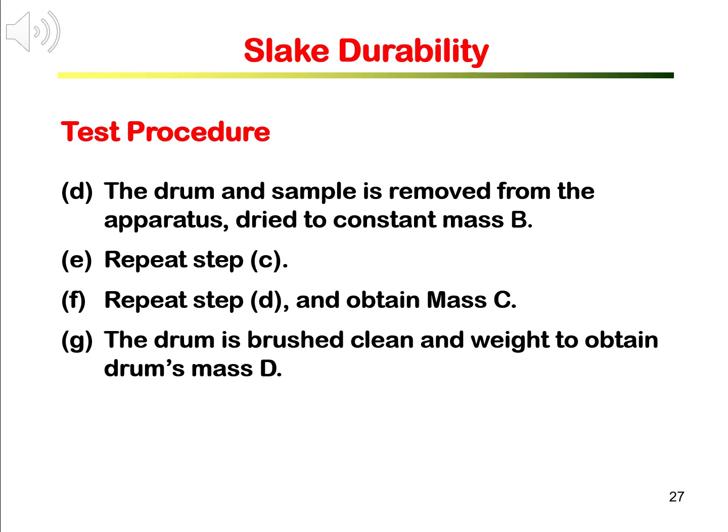When the rock lumps are dried, we again measure the mass of the drum with rock lumps inside, and it is recorded as mass C, which is the mass after 2 rounds of rotating in water and drying.